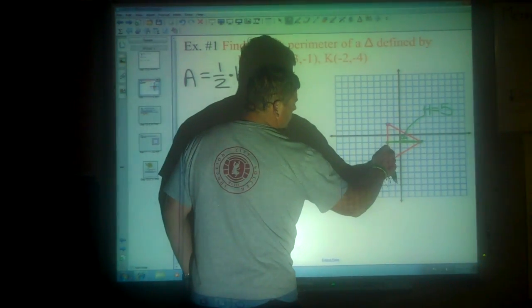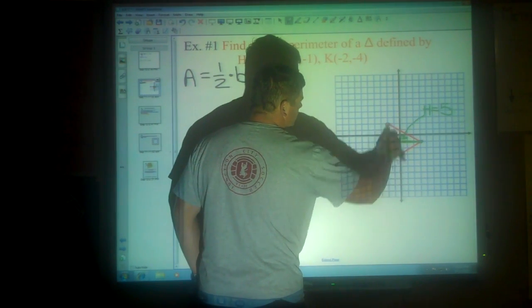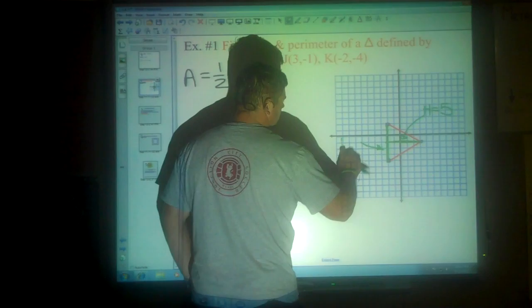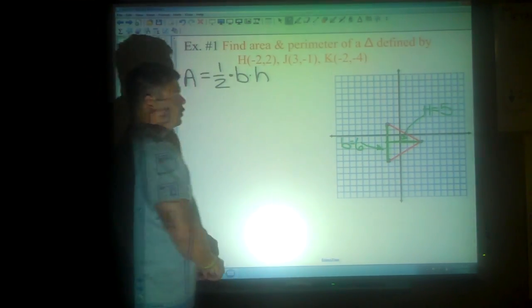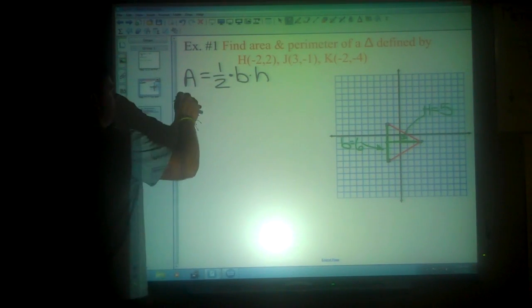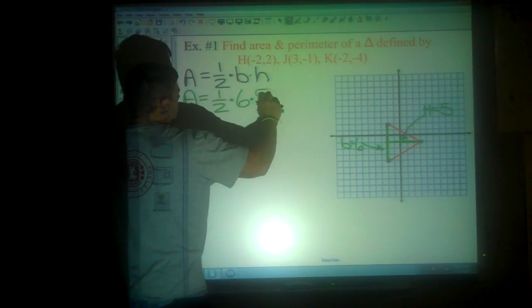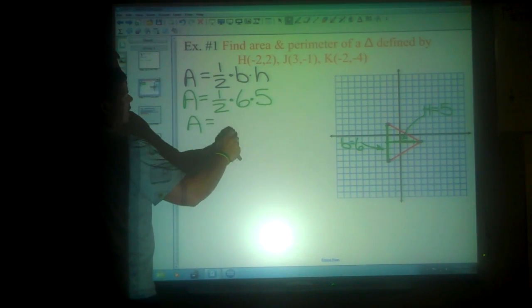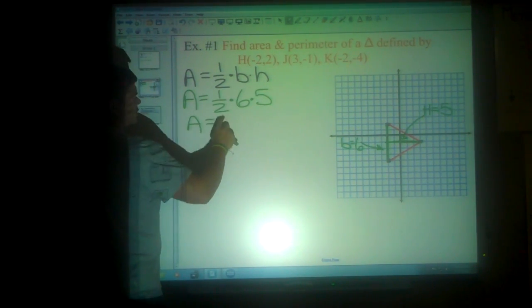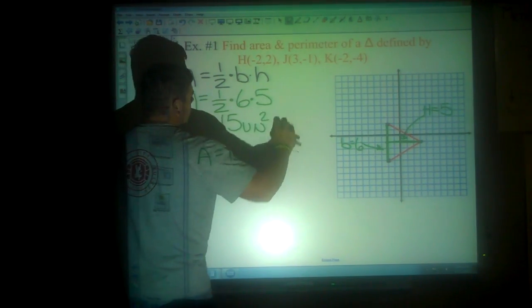The base is 1, 2, 3, 4, 5, 6, which means b equals 6. Those 2 pieces of information are going to allow me to find the area of that triangle very easily. A equals 1/2 the base of 6 times the height of 5, which means 6 times 5 is 30. Half of 30 is 15. I don't know any units, so I'm going to say units squared.